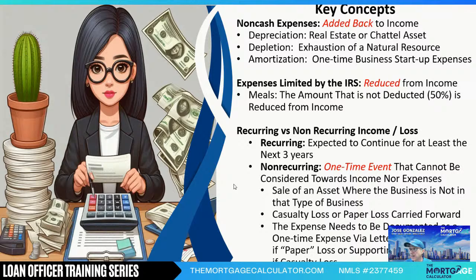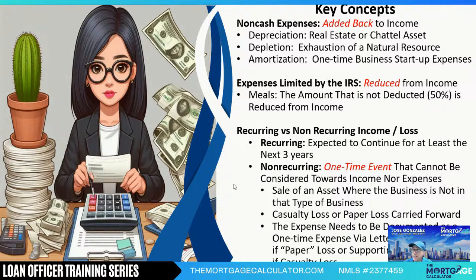Now, there are three categories here: non-cash expenses, expenses limited by the IRS, and recurring and non-recurring income or loss. This is very important that you review these because they do give you options, in some cases, to recapture income.